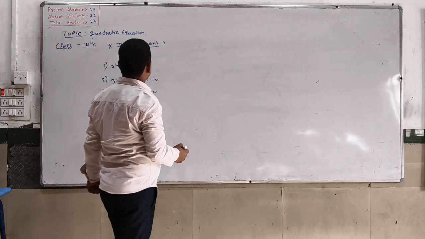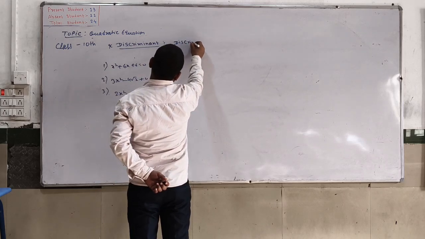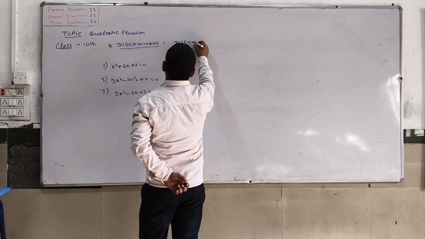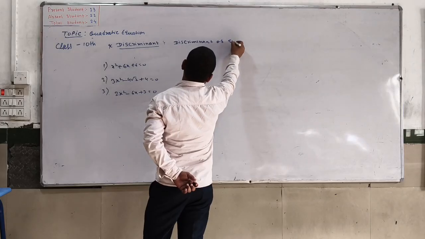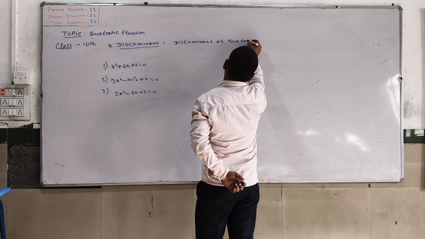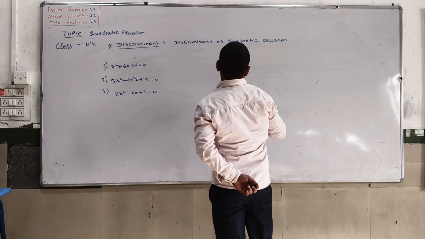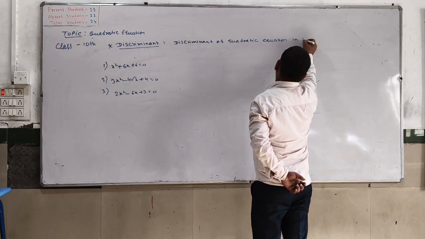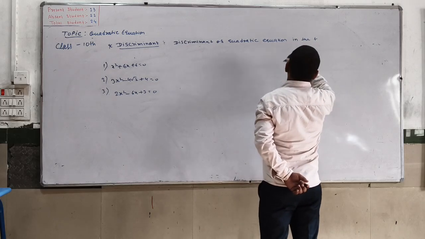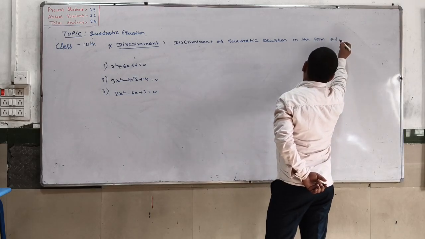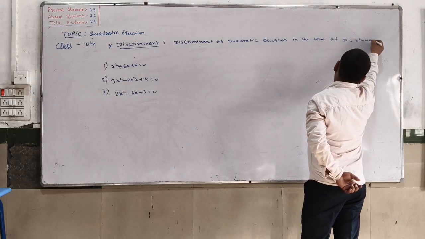What is the discriminant of a quadratic equation? The discriminant is indicated by capital D. So the discriminant of a quadratic equation is D equal to b square minus 4ac.